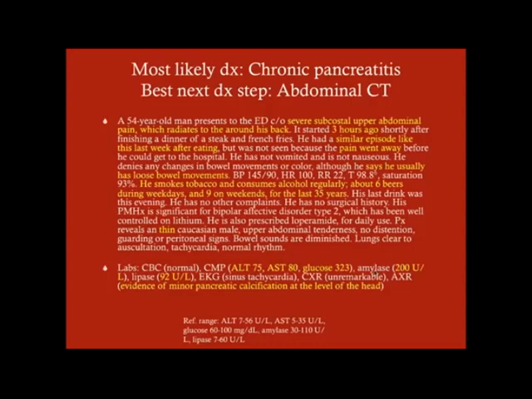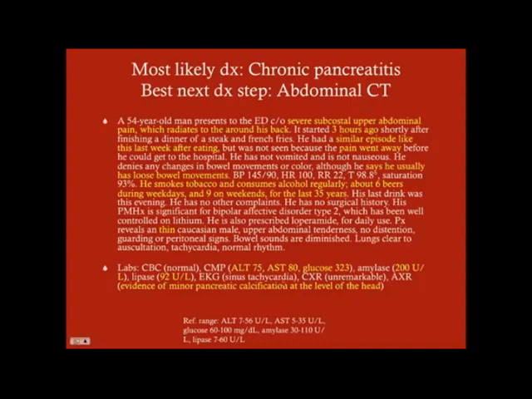By the time it's chronic pancreatitis, its ability to secrete amylase and lipase is diminished. So even though you've got an event of pancreatitis, the pancreas is burnt out and it's not able to secrete amylase and lipase like a healthy pancreas that becomes inflamed, acute pancreatitis.